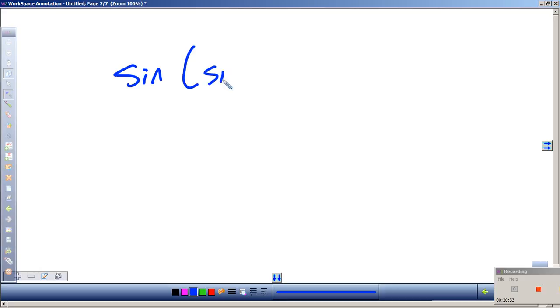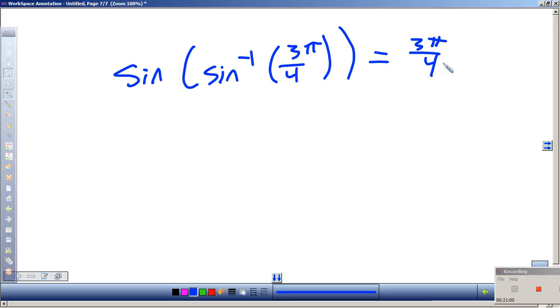So, sine of the sine inverse of 3 pi over 4. What is it equal to? 3 pi over 4.